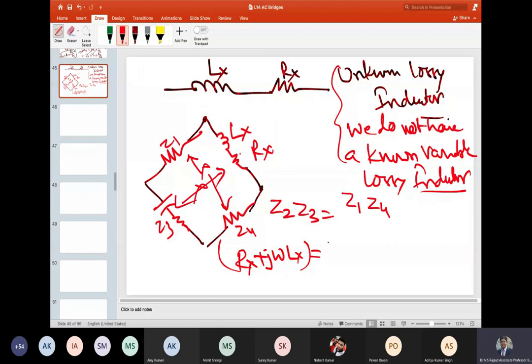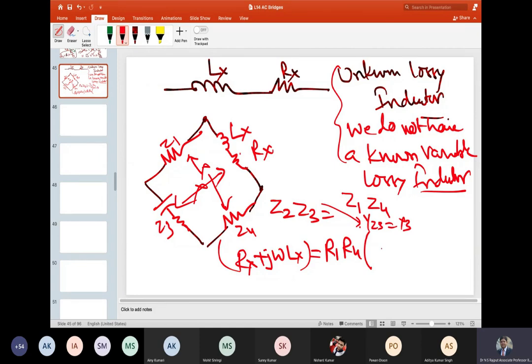now here I can take the admittance form. So now here you see Z1 and Z4, they have been considered to be resistive. So I will take R1, R4 multiplied by, now this Z3 will come down, right? So 1 by Z3, I can write it Y3. 1 by Z3 is equal to Y3, right?